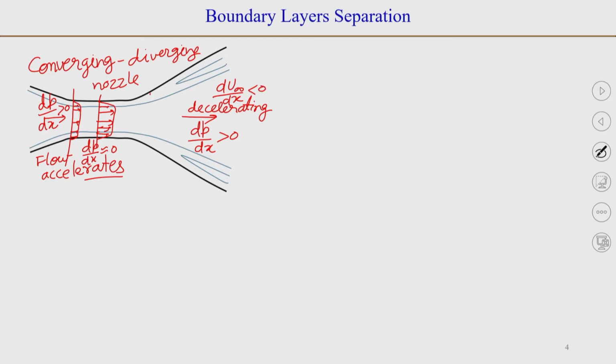So you will see that somewhere here the slope might be normal to it, and you might have a separation point, and then further down you might see a backflow in this region.